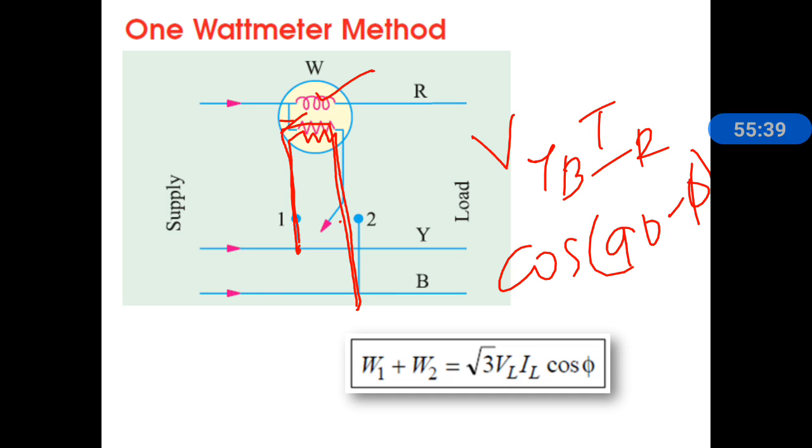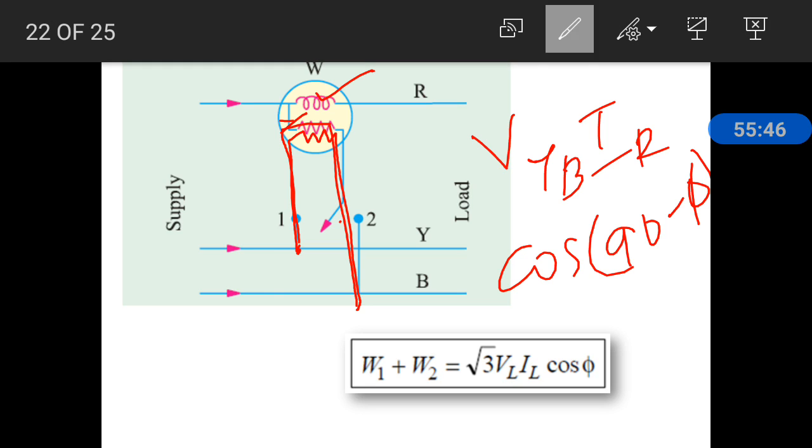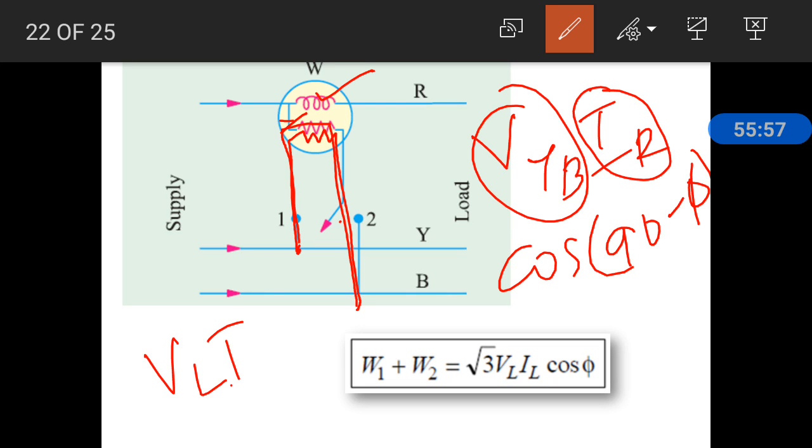So VYB IR cos(90 - phi), where VYB is our line voltage VL, and IR is the line current IL, gives VL IL cos(90 - phi), which means sin phi. So VL IL sin phi.